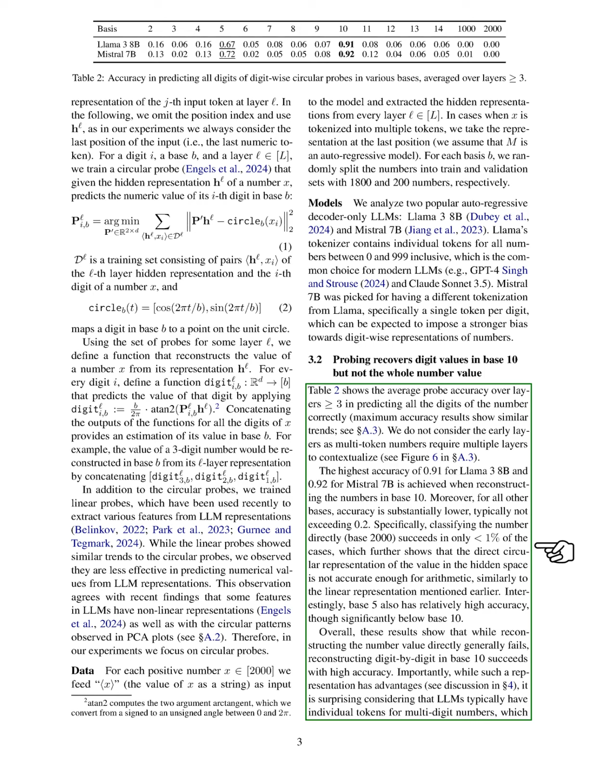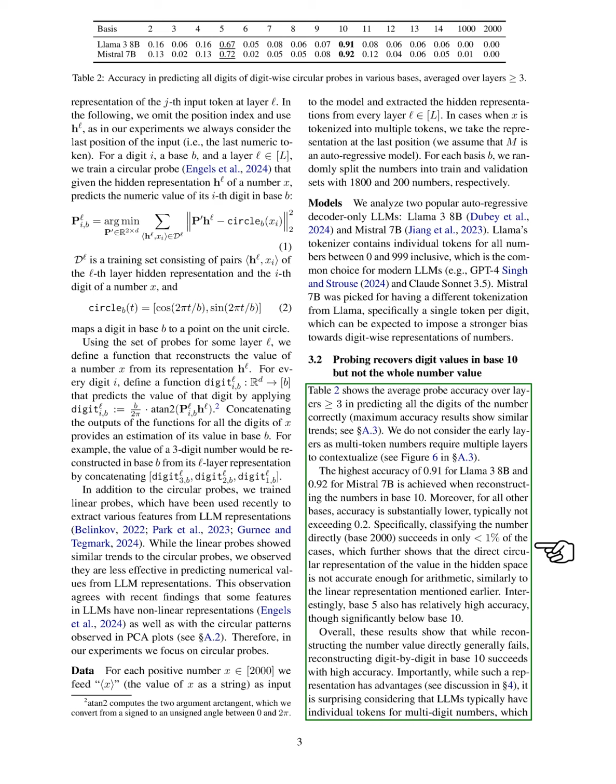In contrast, accuracy for other bases is much lower, often below 0.2. For example, directly classifying a number in base 2000 succeeded in less than 1% of cases, indicating that the hidden space's direct circular representation is not precise enough for arithmetic. Interestingly, base 5 showed relatively high accuracy, though still below that of base 10.